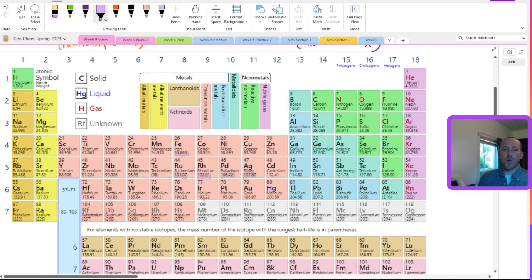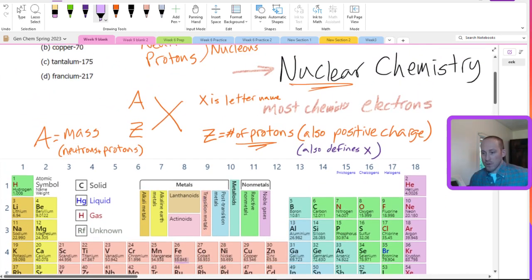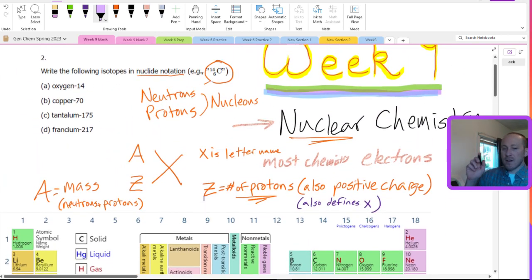A mole is 6.022 times 10 to the 23rd, or 6 and then basically 23 zeros. A mole is a lot of atoms, so you're going to have some variety mixed in your mole. That is different than nuclide notation here, because with nuclide notation, we're just talking about a single atom at a time, or a single particle, if for some reason it's not appropriate to call the thing we're talking about an atom in any scenario here.